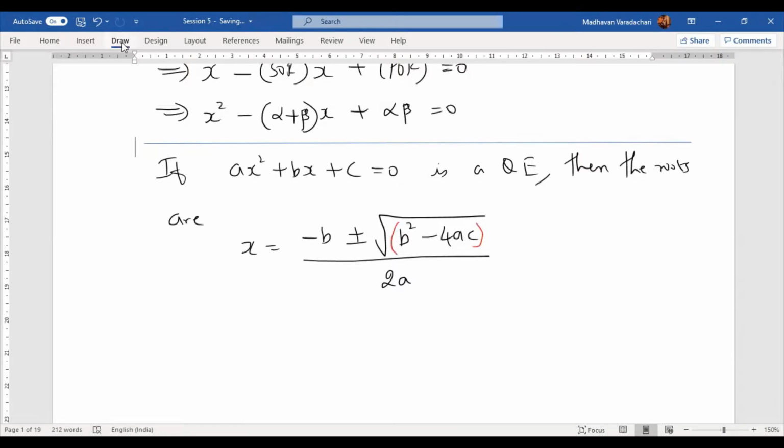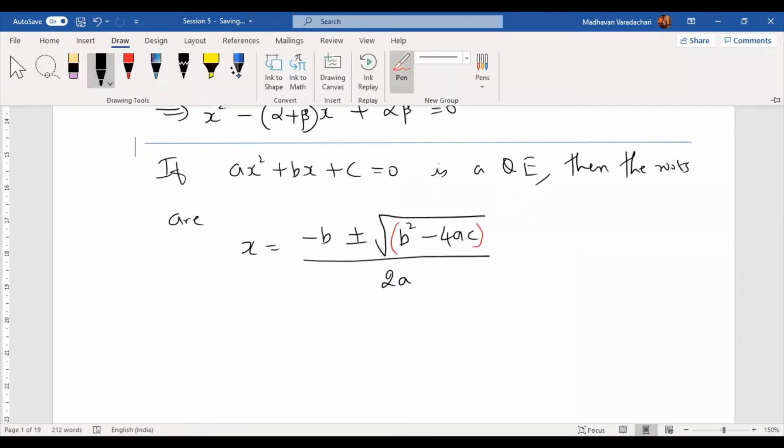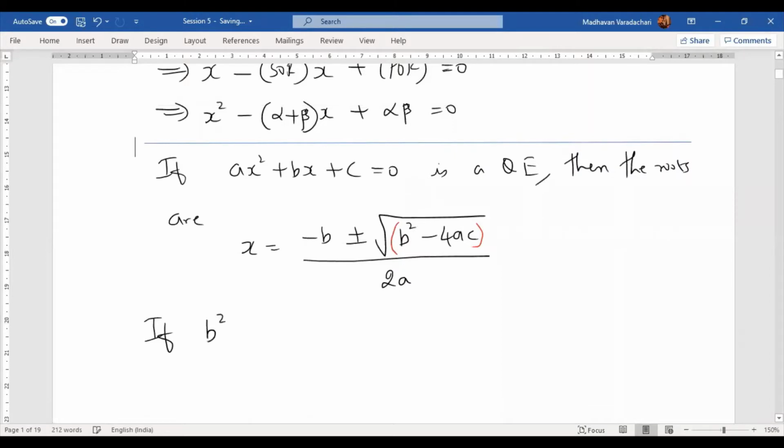Now, if b square minus 4ac is 0, then what happens? You don't get two roots, you get minus b by 2a only, because square root of 0 will be 0. So minus b by 2a will be the root. One root will be minus b by 2a, and the other root also will be, because if this is 0, then x will be minus b plus or minus 0 by 2a.